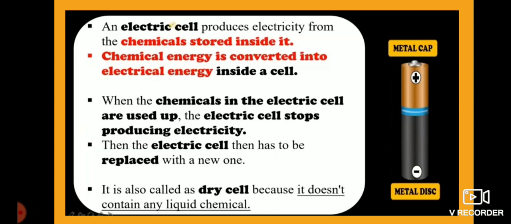It is also called a dry cell because it doesn't contain any liquid chemical. That's important. We call it dry cell also because all the chemicals used inside the electric cell are dry components. Okay, that's why.